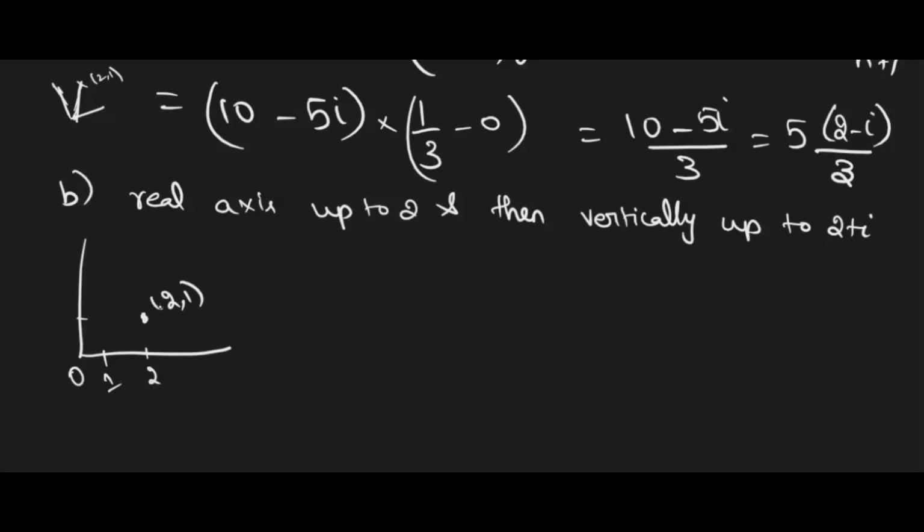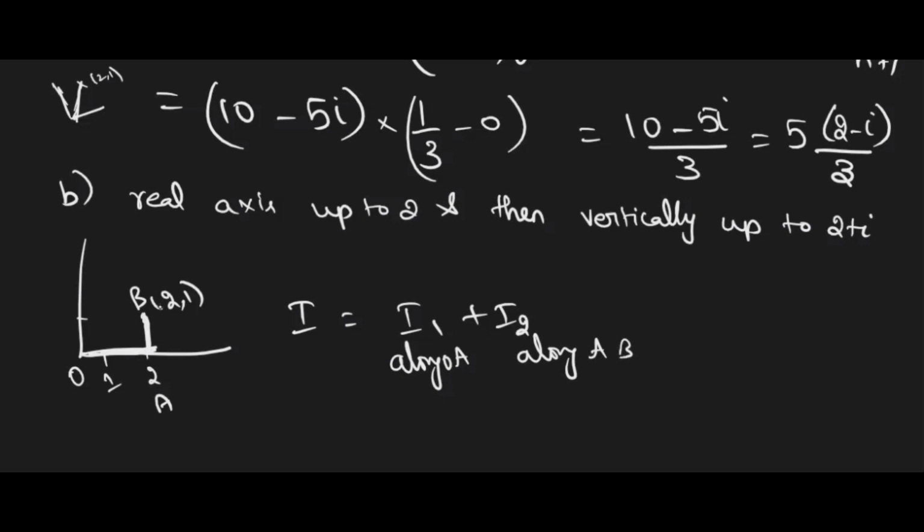Now, I have to travel up to 2 here. So this is OA. I have to travel, and then again I have to travel vertically. So this I is nothing but I1 plus I2, where I1 is along OA and I2 is along AB. So this is the second path.